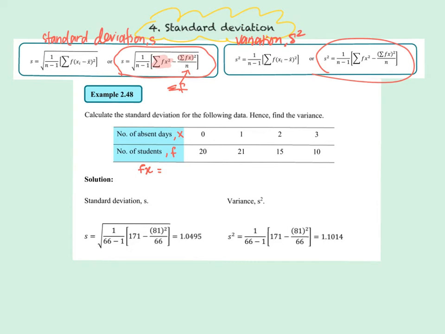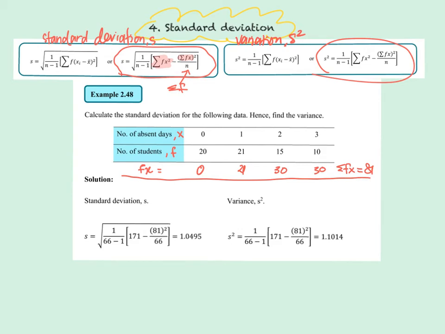Any number multiplied by 0, you're going to get 0. 21 multiplied by 1, you are going to get 21. 15 multiplied by 2, this is 30. 10 multiplied by 3, this is 30. So the cumulative fx equals 0, 21, 30, 30, which totals 81. So this is the cumulative fx.